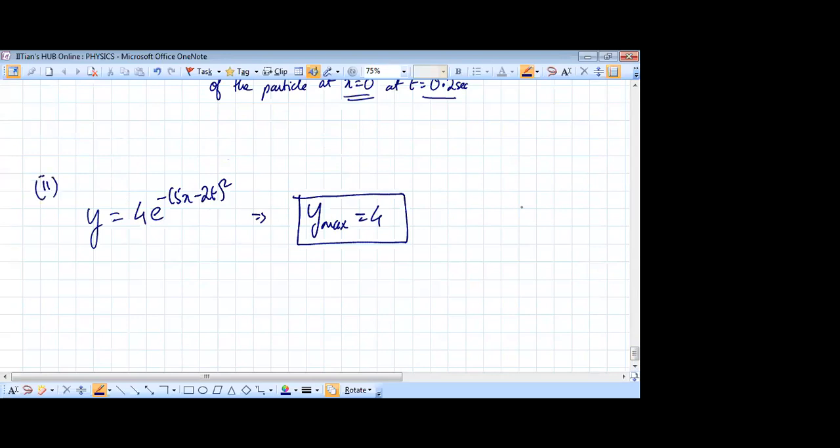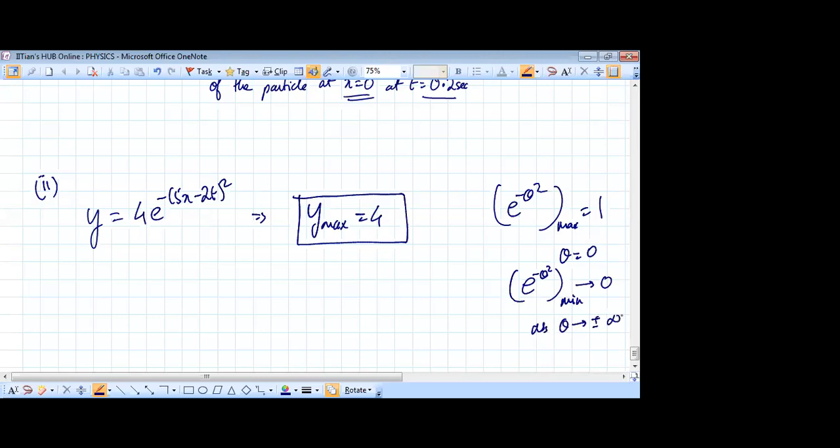That's the second part's answer, because e raised power minus theta square's maximum is equal to 1 for theta equal to 0. And e raised power minus theta square's minimum value is tending to 0 as theta tends to plus or minus infinity. Okay.